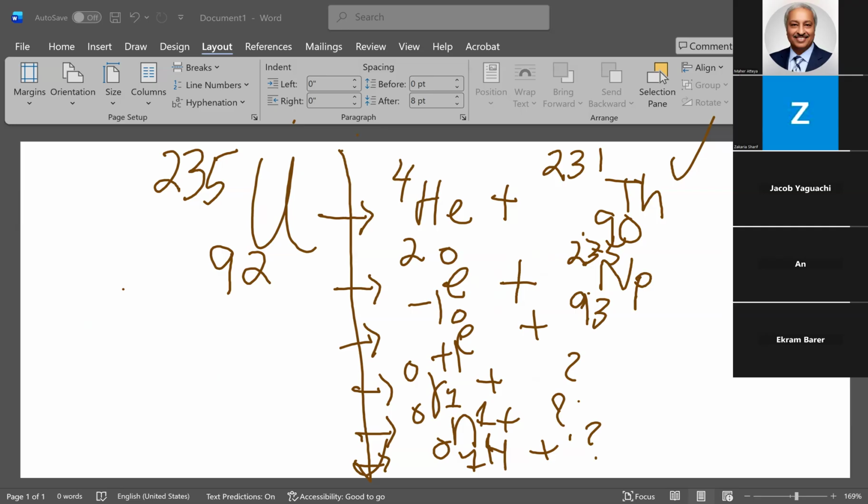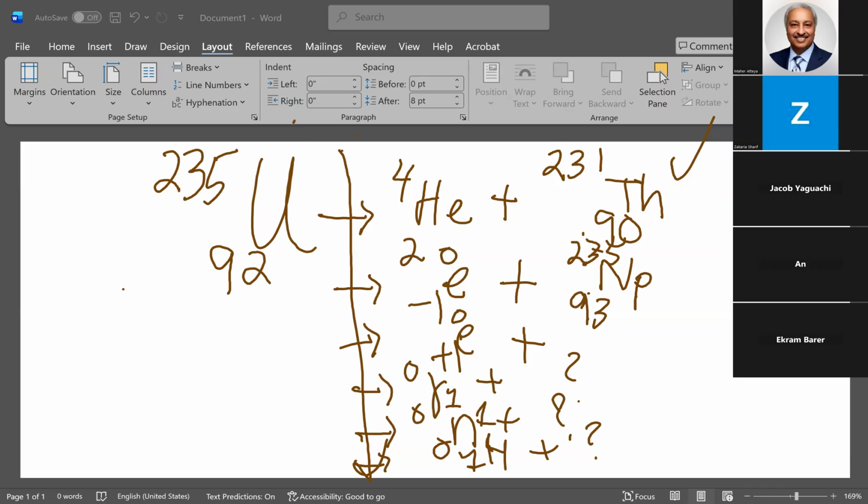How about the third one? So the third one, what will it be? This is +1, correct? That's a positron, +1. This is 92.